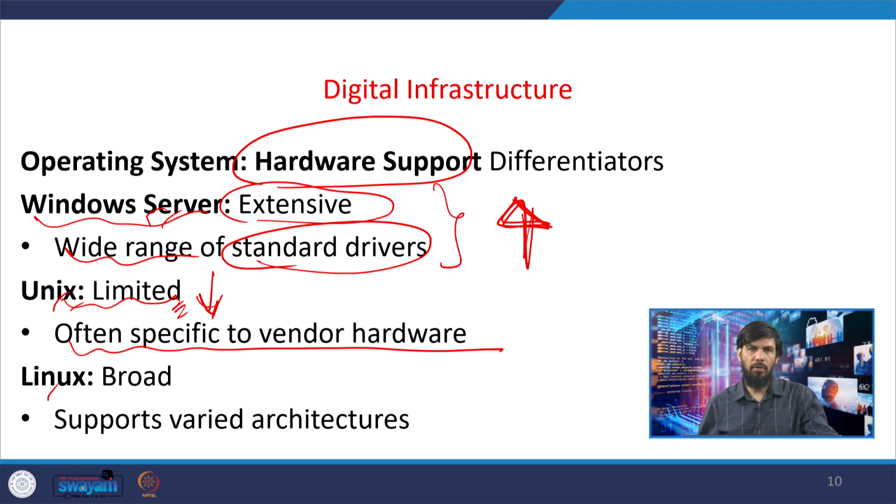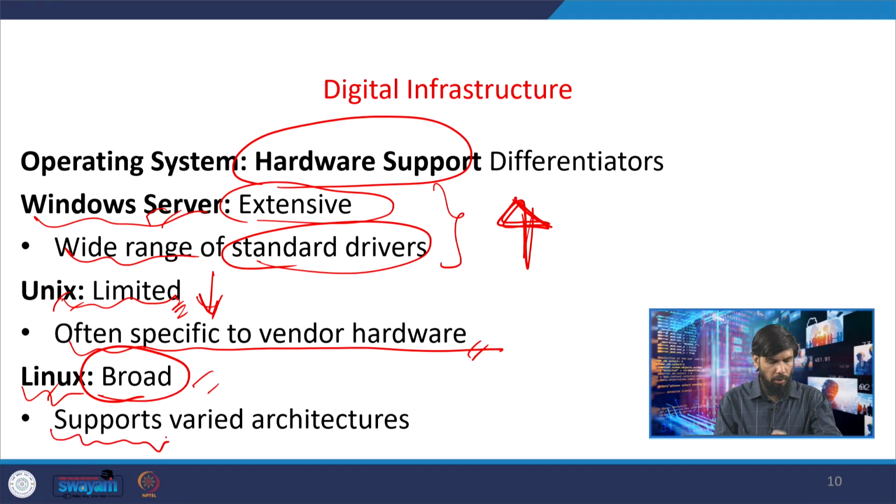So you buy a server from vendors like IBM, HP, Sun, Oracle, and other companies, and you get the Unix operating system shipped along with the server. And therefore when it comes to drivers or hardware support, again you will have to fall back on that vendor. If we look at Linux, this is also quite broad, maybe not as broad as the Microsoft Windows case, right.